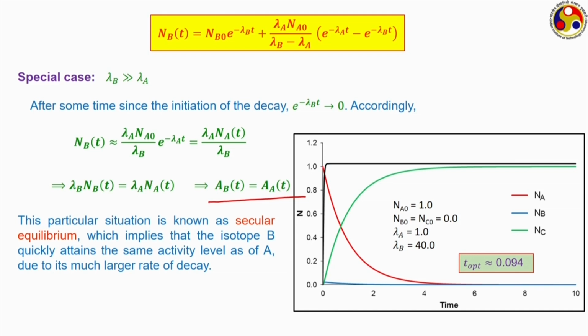Whenever we are talking about a very large difference in the activity level, or I should say the decay constant values for two isotopes, particularly when the daughter isotope has a much higher rate of decay compared to the parent, then the daughter itself may almost vanish from the picture and lead to a similar activity level for both the parent and daughter.